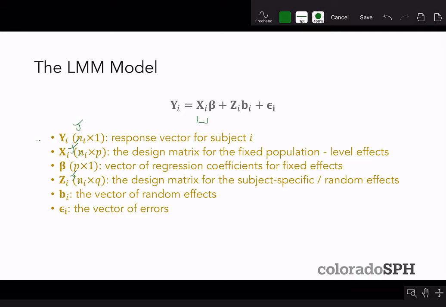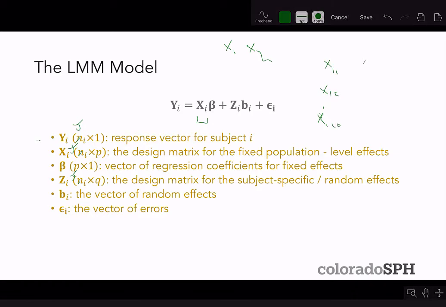So this is going to contain all of the covariate values for that subject. Say there are two different covariates, x1 and x2. Then that's going to have x1 measured at the first time point, and then x1 measured at the second time point, all the way up to x1 measured at the 10th time point.